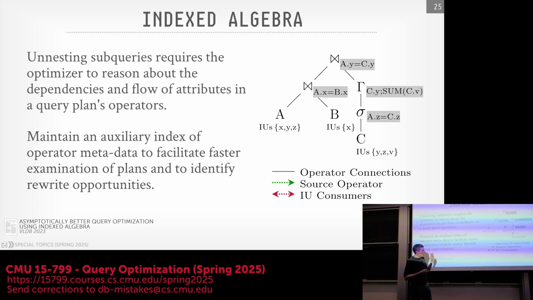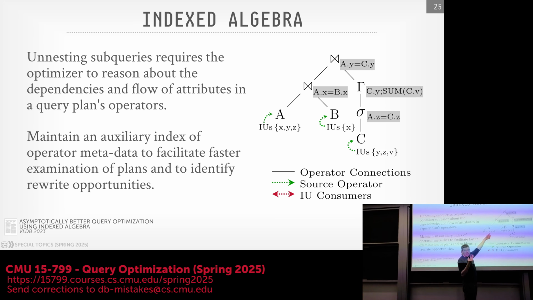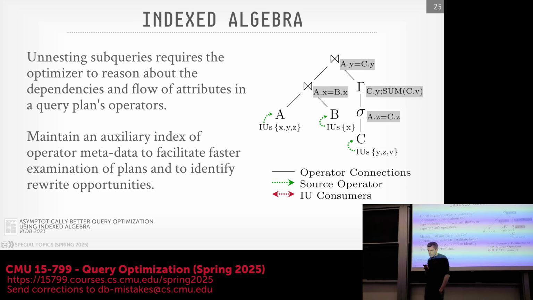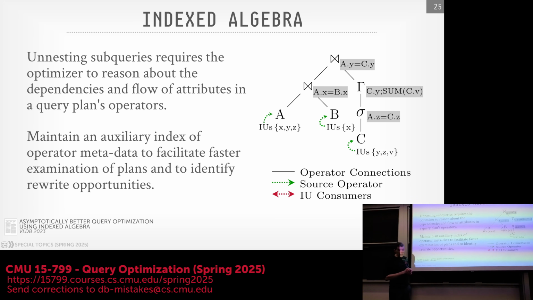They have this notion of a source operator, which covers the base tables, my base relations, or a projection used for that computation, showing where the attributes are actually coming from. In this case, A generates X, Y, Z, B generates X, and C generates Y, Z, D. IU just means information unit. It's a way to describe the scalar values that are coming out of these operators.